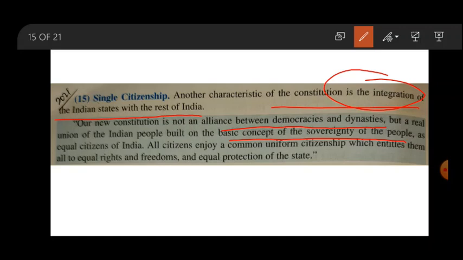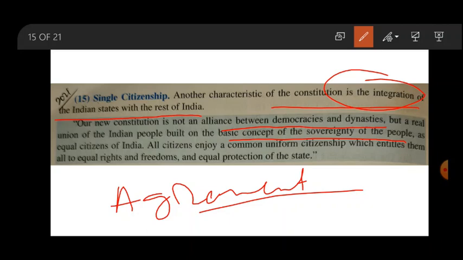So it clearly tells us it is not an agreement between the states. It's not an agreement between UP and Andhra Pradesh joining hands, not like that. However, it is the basic willingness and desire of the people to form a nation, so they have formed a nation.